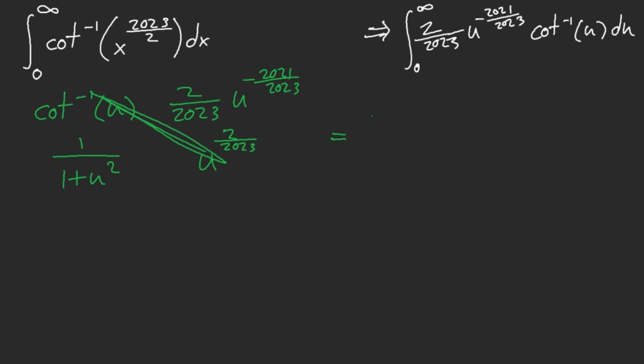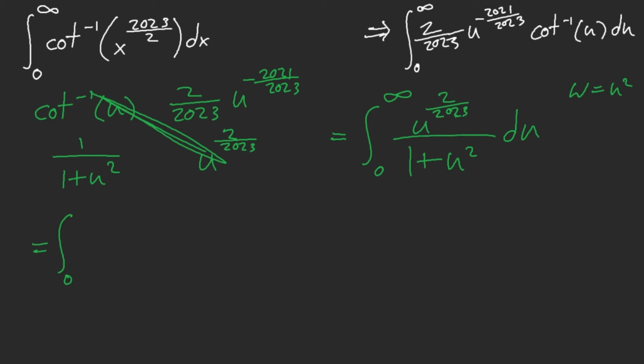So what we have left is exactly the integral from 0 to infinity of u to the power of 2 over 2023, all over 1 plus u squared, du. And this is actually very nice. It's a very nice setup to perform beta function. So now we can simply let w equal u squared, so we're setting up for Euler's reflection formula.